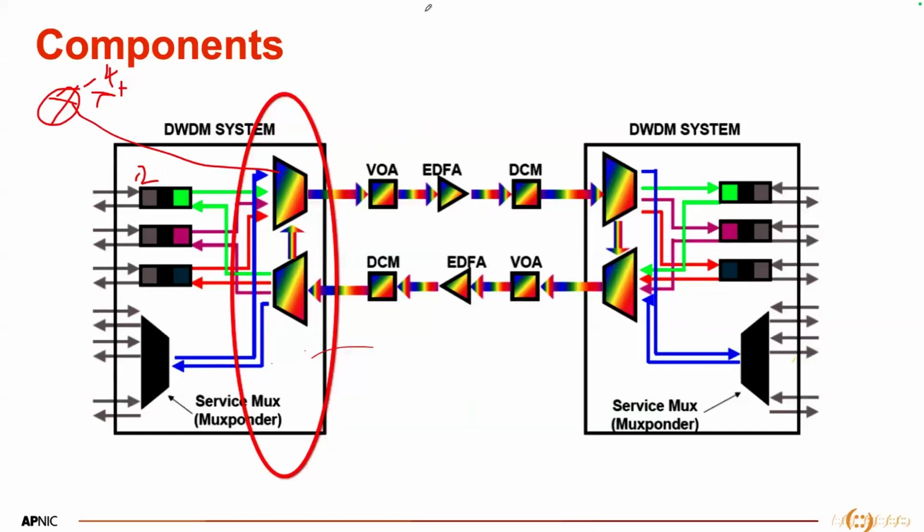Your whole network is designed based on the fact that your lambdas are being launched with this much power. Now, if you add any other lambda with a different launching power, the performance of this lambda in the path will be different compared to the other lambdas you have in your system, because all the parameters in the amplifiers or EDFA are designed based on the fact that the launching power is minus 2.